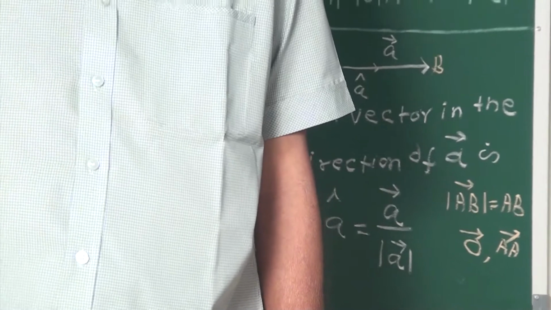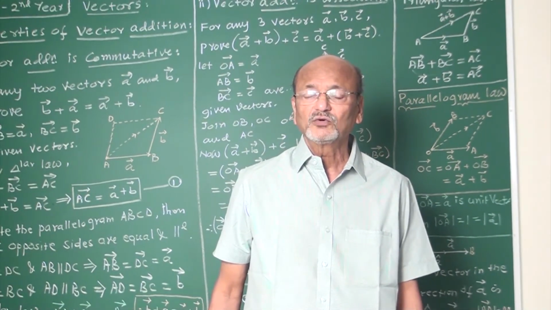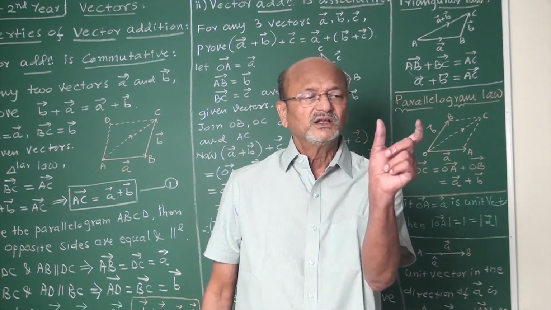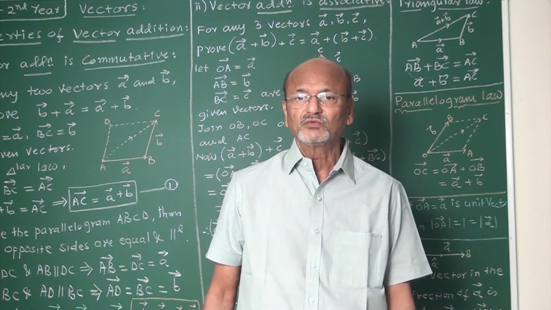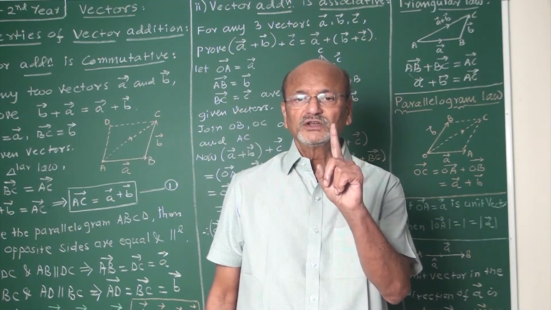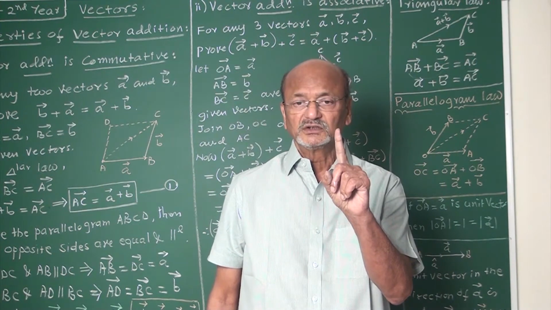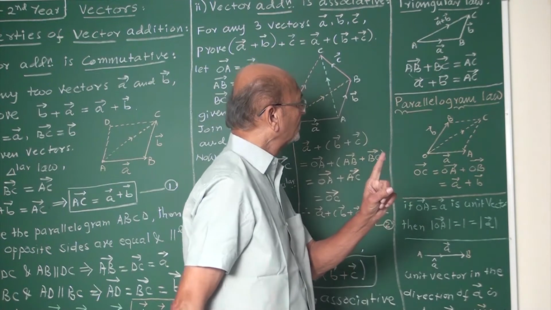Then, my friends, unit vector. What do you mean by unit vector? A vector whose magnitude is 1. The length of that line segment is 1 unit. Therefore, a vector whose magnitude is 1 unit is known as a unit vector.